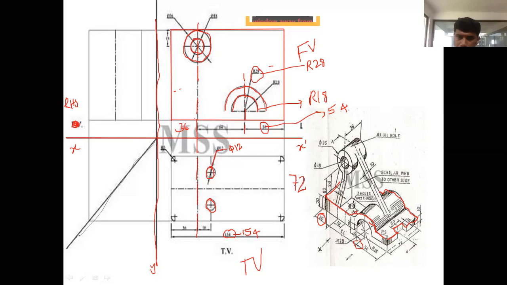Half of 72 is exactly at the center, and we'll draw the center line at 36. We'll have a slot like this.